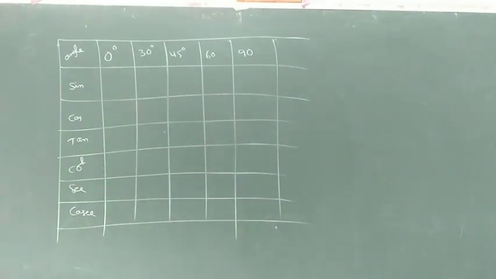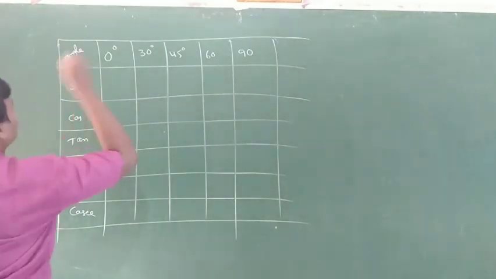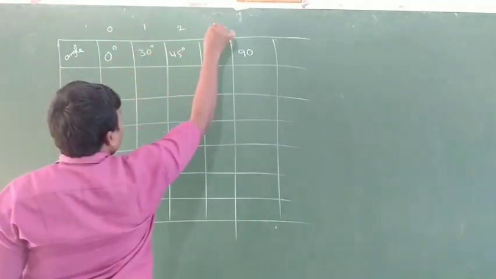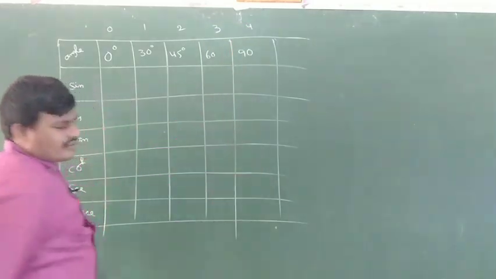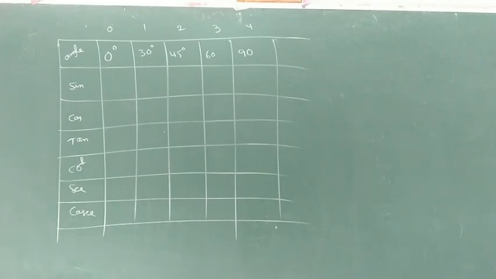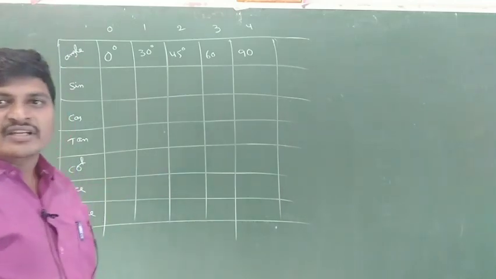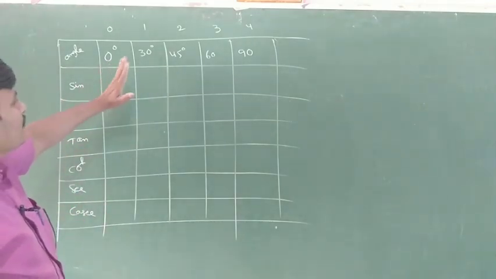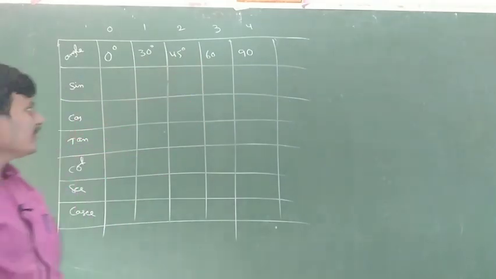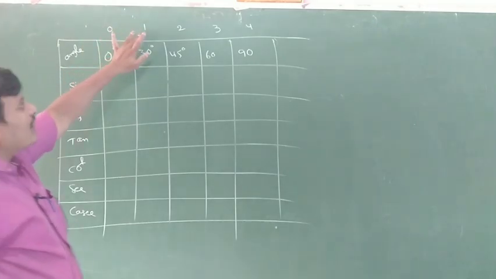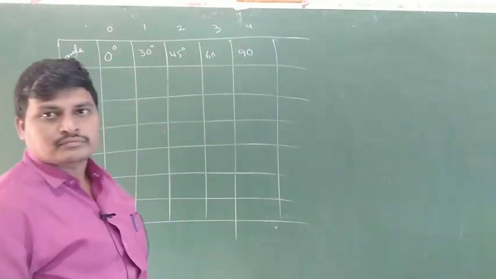It's very important and easy to understand all the functions. First of all, for the angles 0, 30, 45, 60, 90, next are the functions. Take 0, 1, 2, 3, 4.